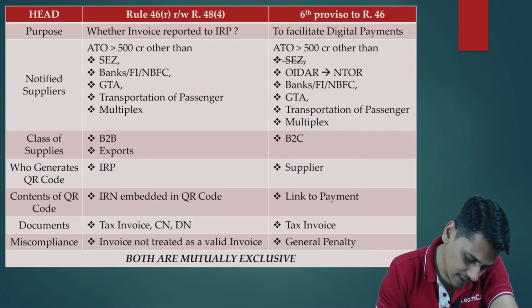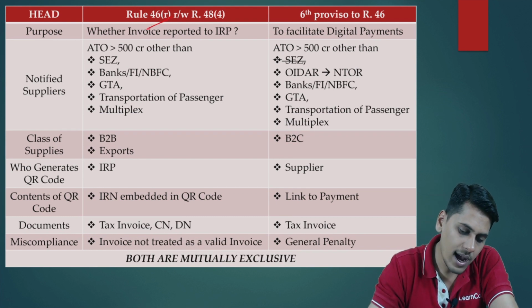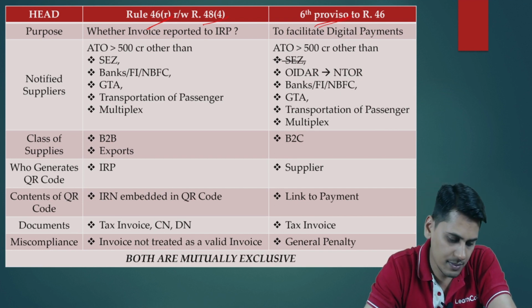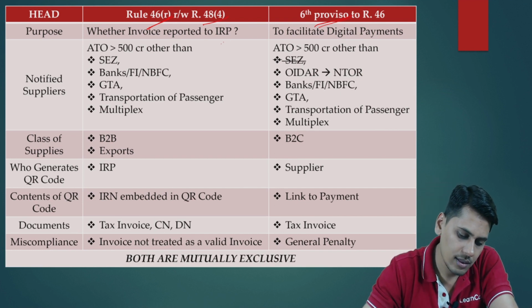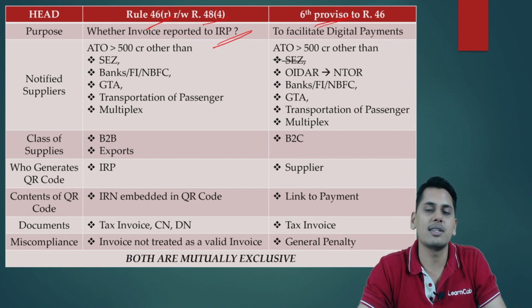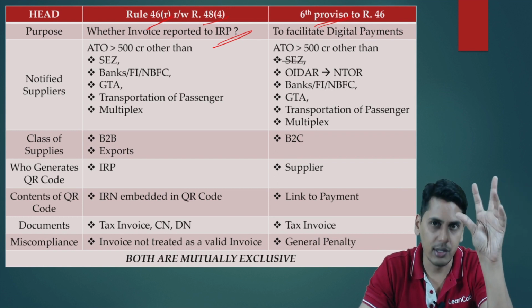We have already discussed everything, just the concluding remarks. Rule 46 sub rule (1)(r) read with rule 48 sub rule 4. Sixth proviso to rule number 46. Purpose. The purpose of this is just to check whether the invoice has been reported to the invoice registration portal or not. The QR code, when you scan it, is going to give you the details of the invoice.